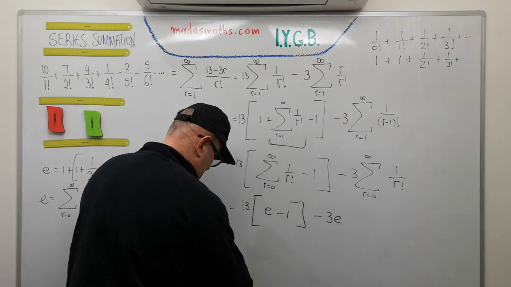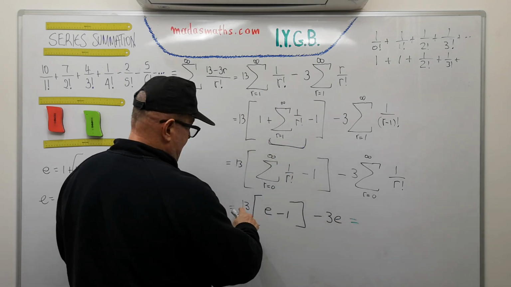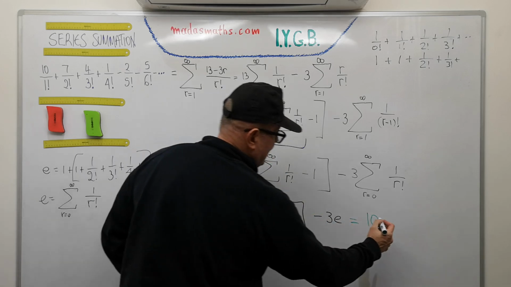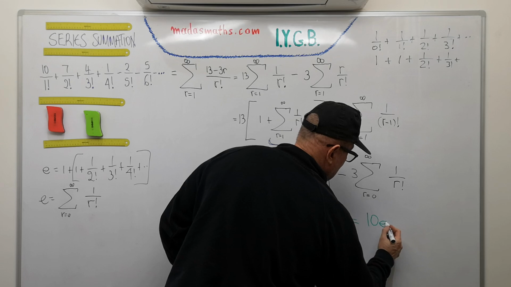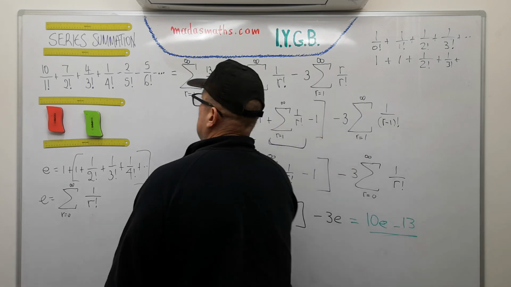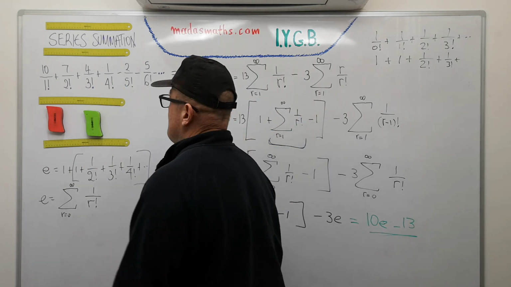Let's write it perhaps in a different color pen for the answer. And the answer to that will be 13e minus 3e, 10e altogether. And from that, we've got to subtract 13. The exact answer of the sum to infinity of what I've written originally up on the board up here converges to 10e minus 13.